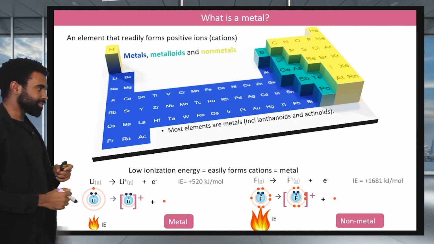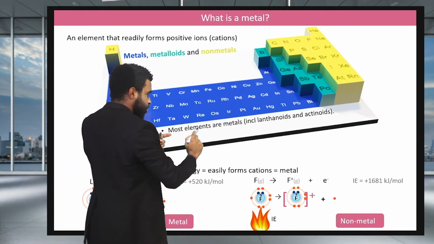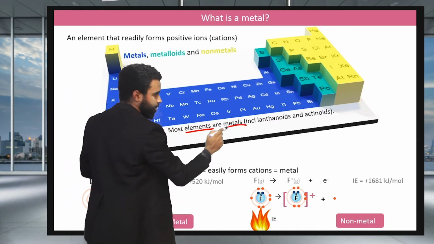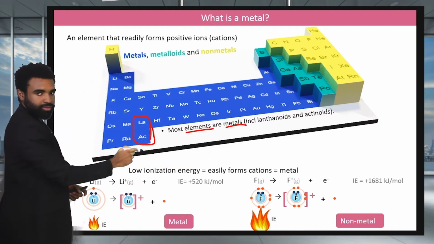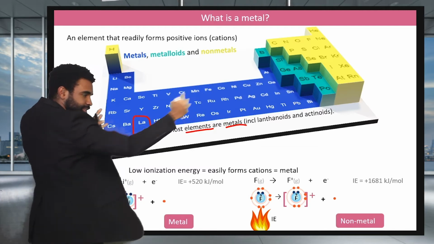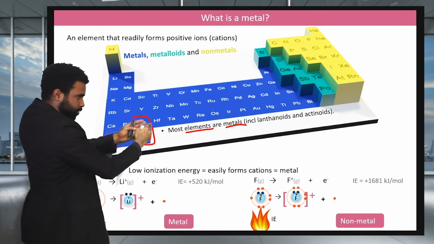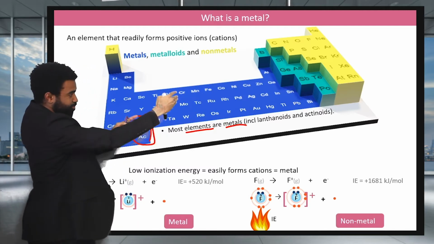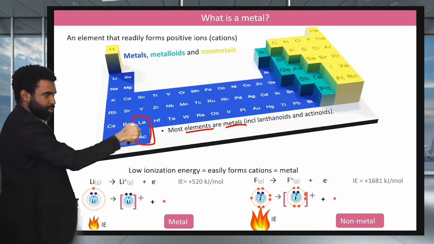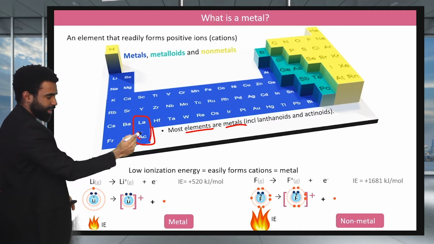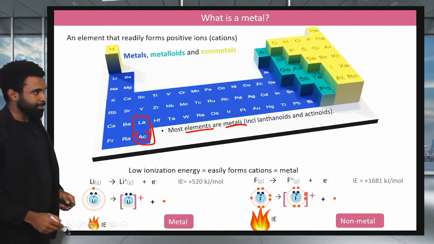Some important things are that most elements of the periodic table are metals. And that includes the lanthanoids and the actinoids. Remember that this is a condensed periodic table. We really have 14 more groups here that are squished or removed from view. So the lanthanoids, all 14 of them, and all 14 of the actinoids are indeed metals.